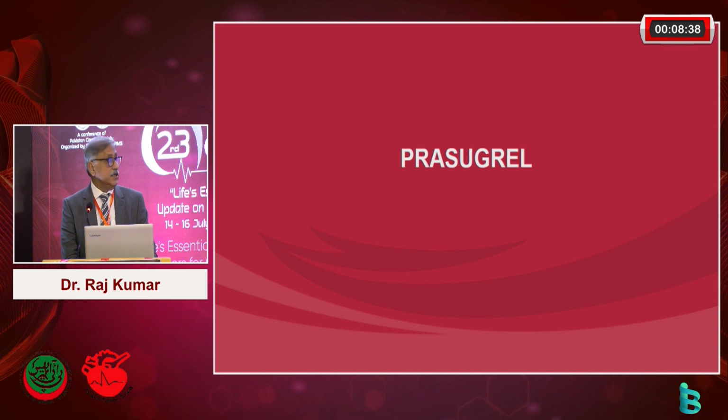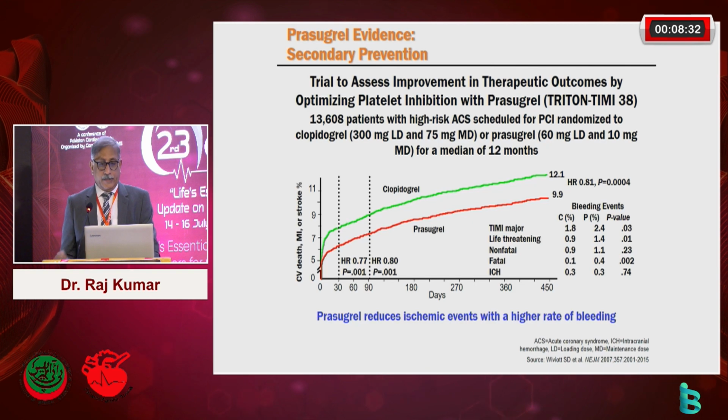And another drug is prasugrel. These are two novel drugs, prasugrel and ticagrelor. This is the TRITON-TIMI 38 trial, which shows that prasugrel reduces ischemic events. Of course, the p-value is very significant, but we can see here that the bleeding events are also significant.